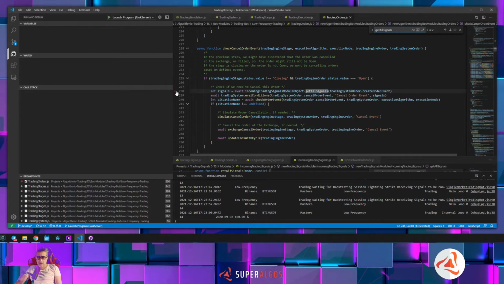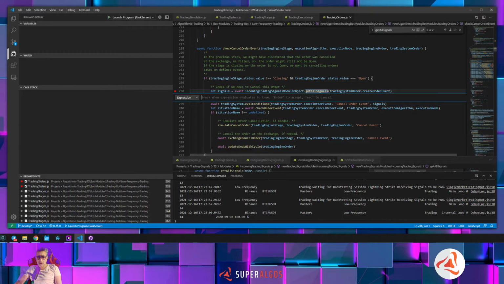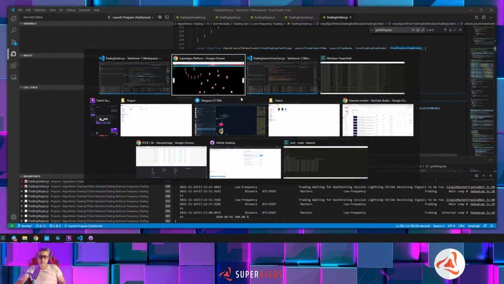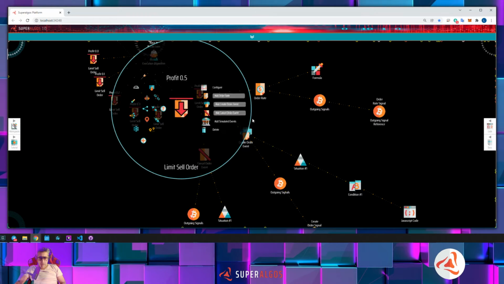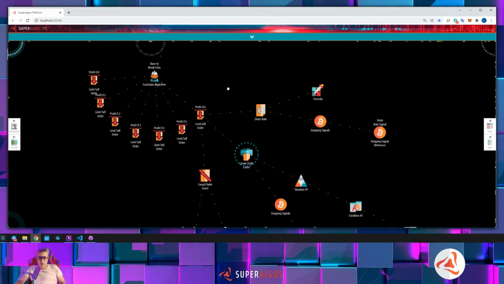Okay, so it would be here, but we will put a condition here, an expression where the trading system order type equals limit sell order.